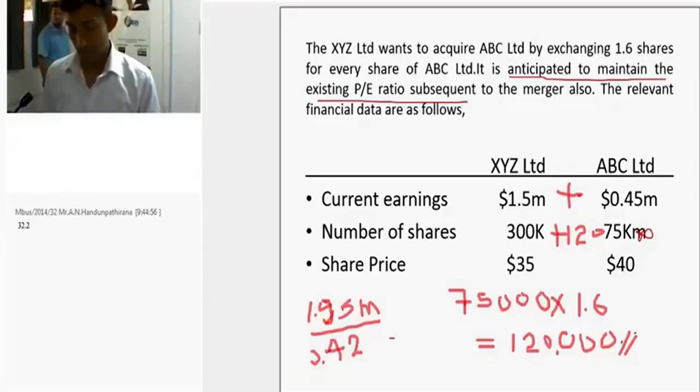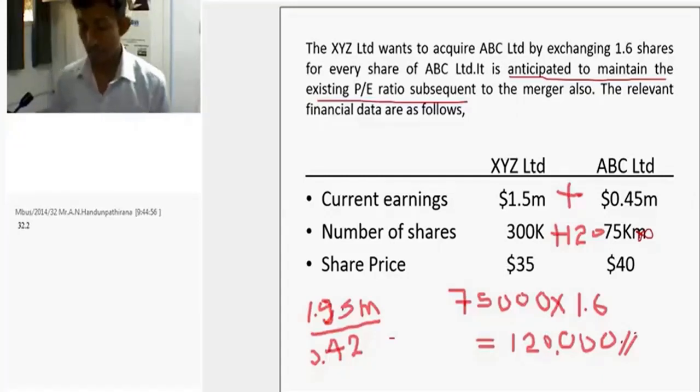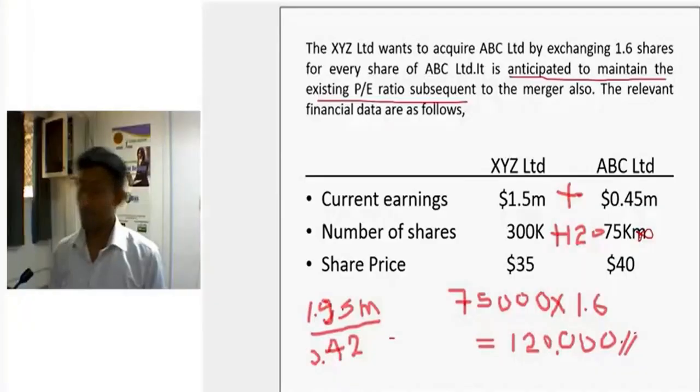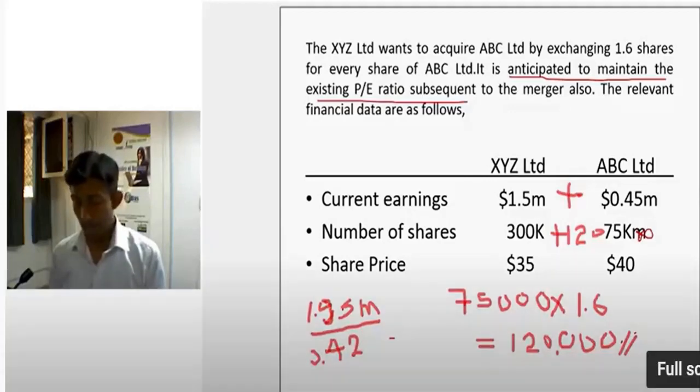Now if you look at the question, and this is very important, it says the PE ratio is anticipated to be maintained subsequent to the merger. So what they say is that after the merger, they're expecting to have the same PE ratio. We already calculated XYZ's PE, which was 7, and the new earnings per share, which is 4.64.